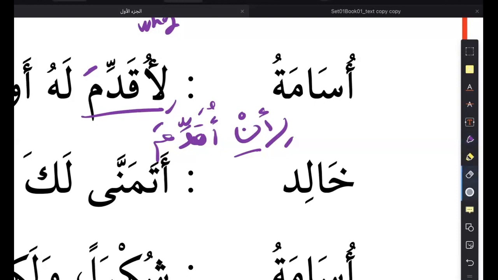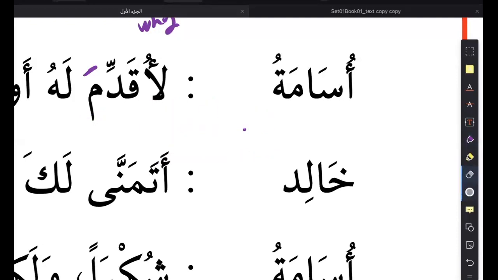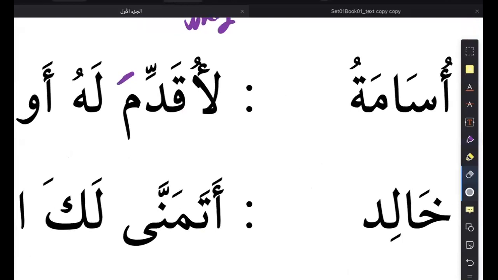If I say that the li is making it mansub, it's probably not 100% accurate, but for this level I think it's fine. You can just say that because we have this li, it is making it a fatha.